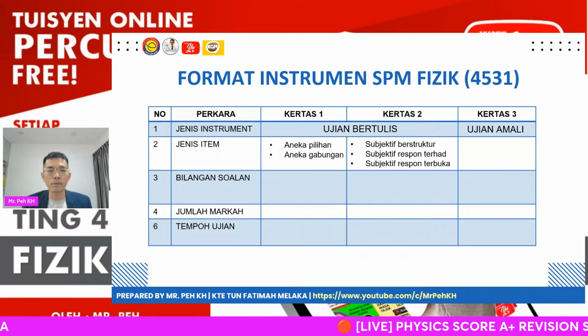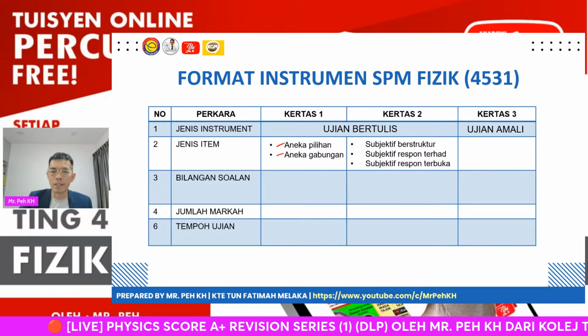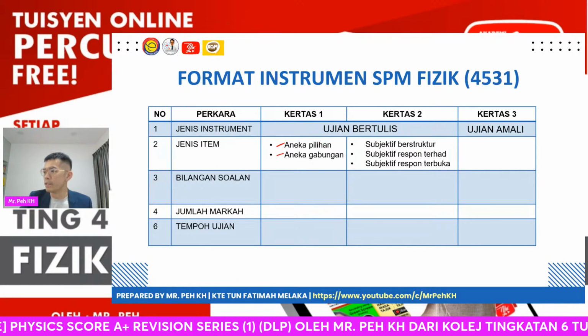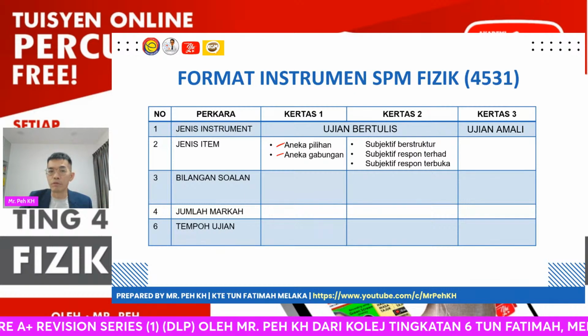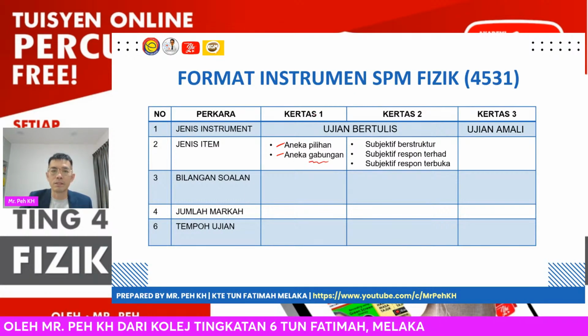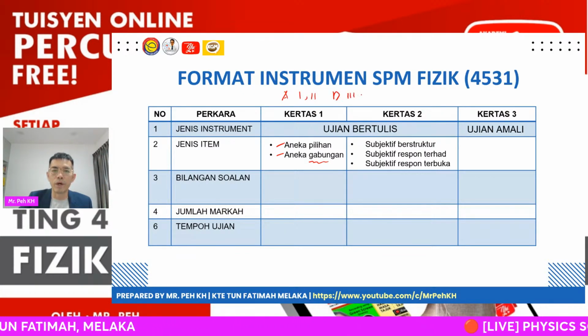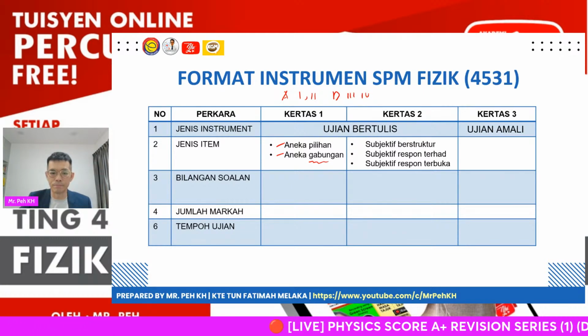For Paper 1, there will be aneka pilihan and aneka gabungan. Aneka pilihan means there will be the options A, B, C, D. Gabungan means the options can be A have 1, 2, B have 3, 4, and others. This type of question will be not more than 3 questions.